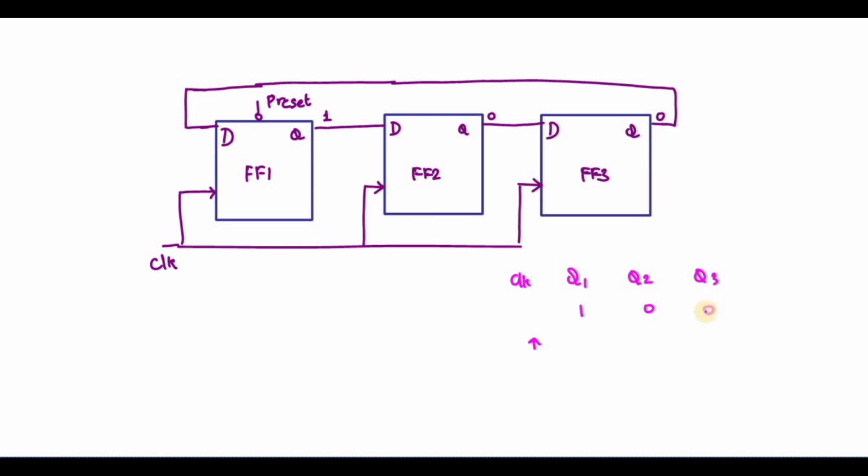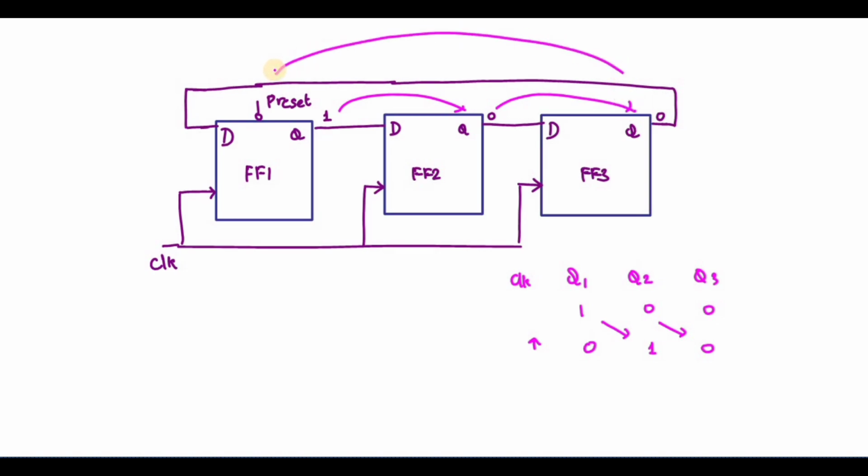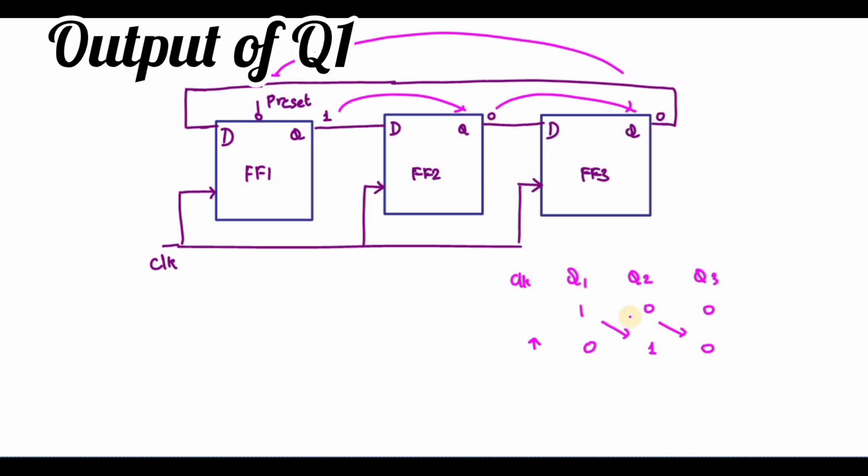The output of this one will come here, and the output of this one will come here. So it will get shifted from here to here, then from here to here, then from here to here. So it will move like this.